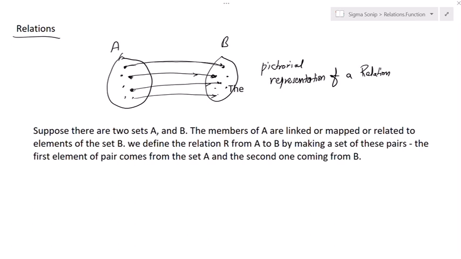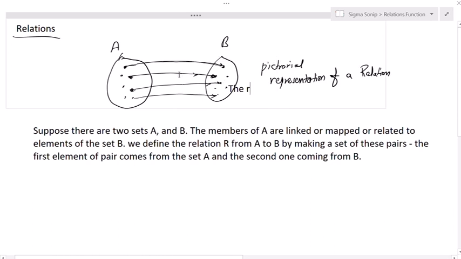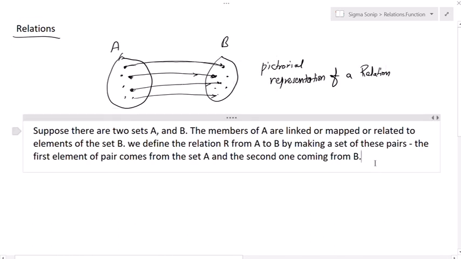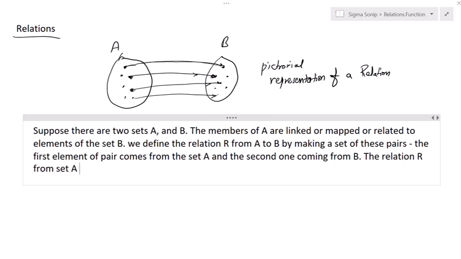These things will become clear when we look at an example. So the relation R from set A to set B is a set of ordered pairs.